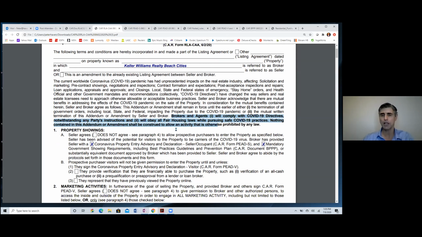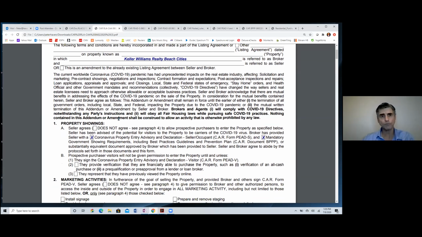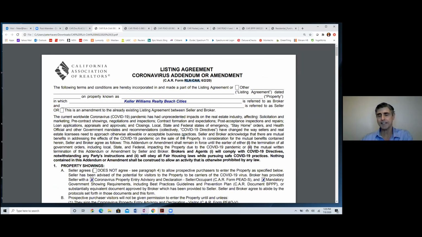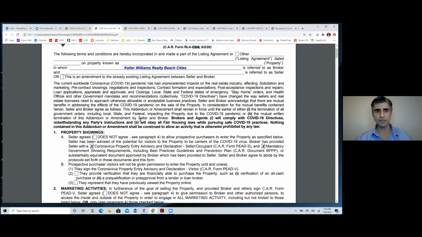Those don't directly apply to COVID, although there are some situations with tenants. And again, this form is RLA-CAA, so it's a residential listing coronavirus addendum or amendment. That's where the letters CAA come from, and this is intended to be part of a listing agreement.